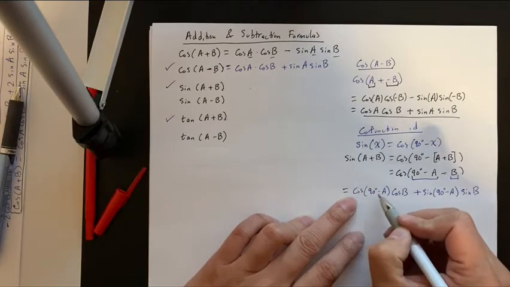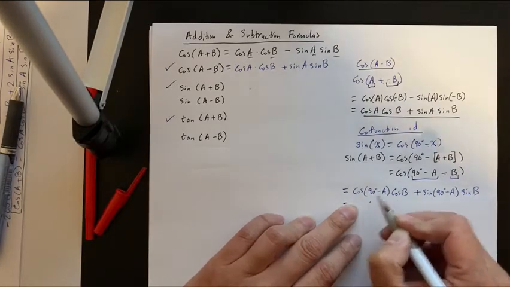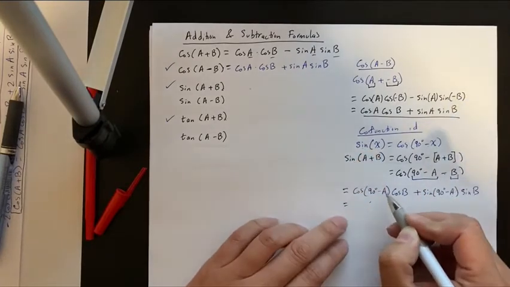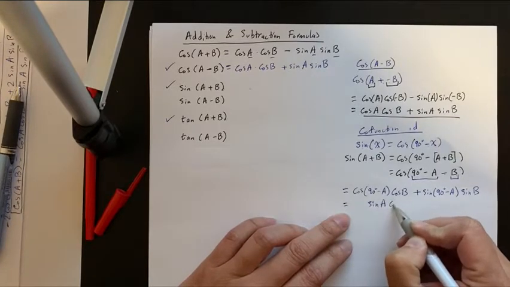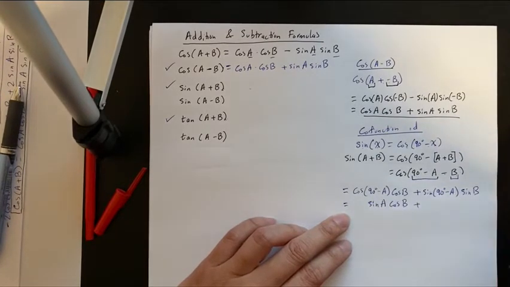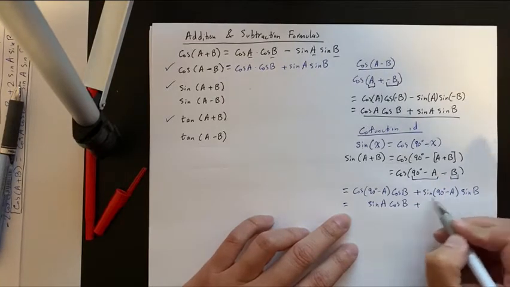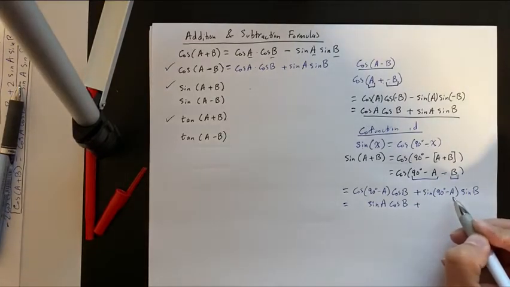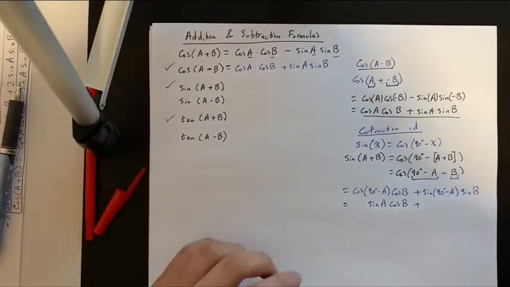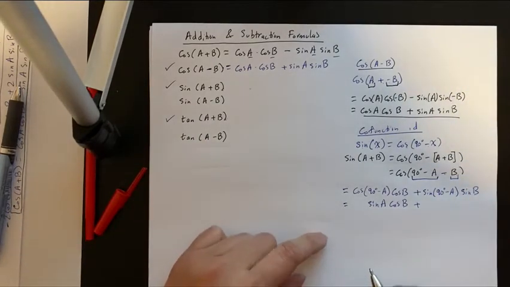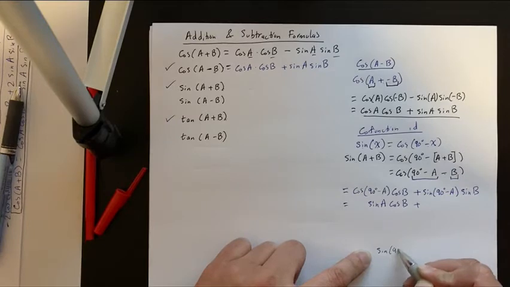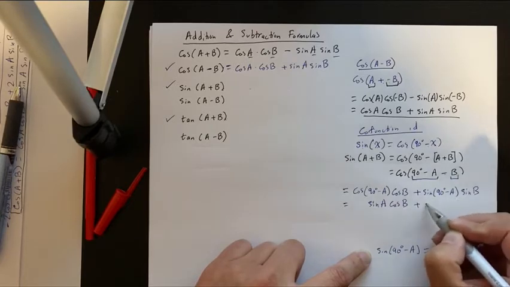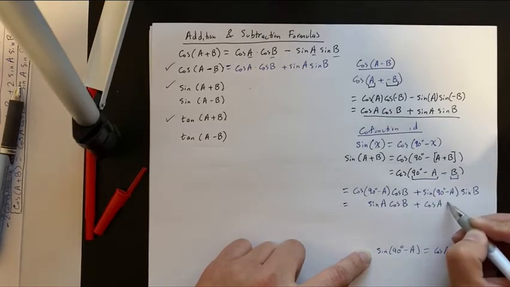So cosine of 90 minus A is the same thing as, x becomes A, so sine of A. And this is cosine of B. And here we have another one: sine of 90 degrees minus A. And I'll write that somewhere, maybe I'll write it down here. So sine of 90 degrees minus A is the same thing as cosine of A. So this guy would just be cosine of A, and sine of B is just sine of B.